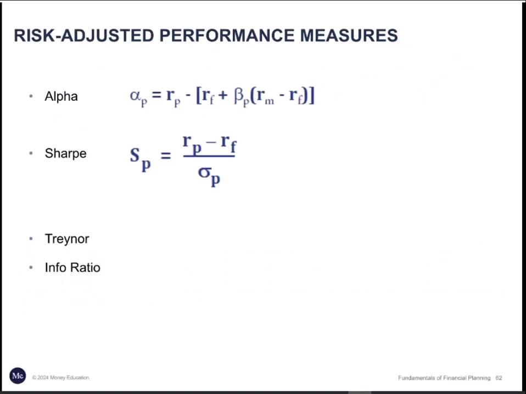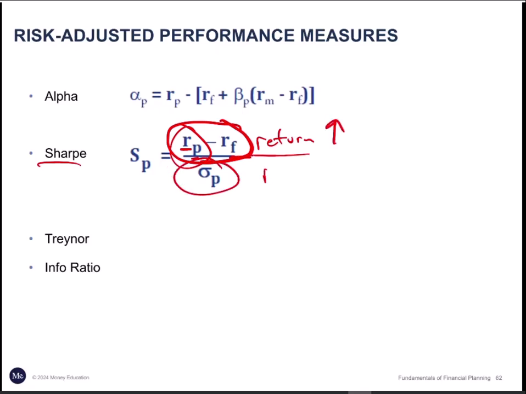The second one is the Sharpe ratio, which on top here says the return of the portfolio minus the risk-free rate. So it's how much money did you make compared to the risk-free rate. This is return on top, so we want that number to be really high. This is standard deviation on the bottom, which is a measure of risk. We want standard deviation to be low.